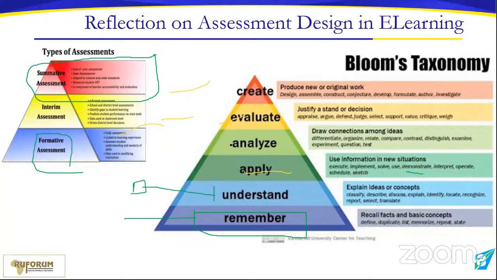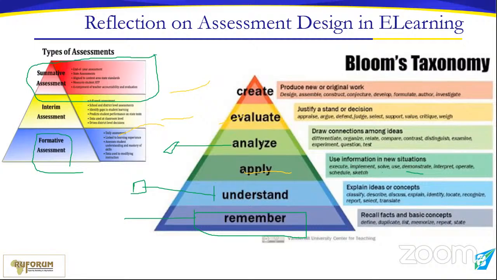At a higher level of assessment, we can assess the ability to analyze. That is drawing connections between ideas. So that's why you see things like differentiate, relate, compare, contrast, distinguish, examine, experiment, test. So at that level, you are checking the learner's ability to analyze issues and justify the differences.